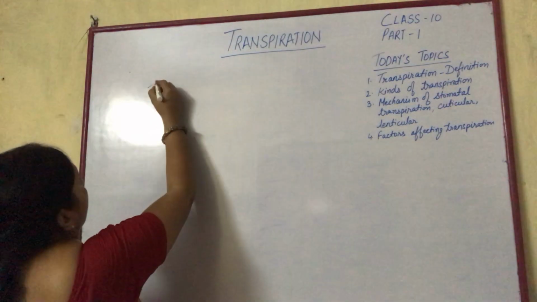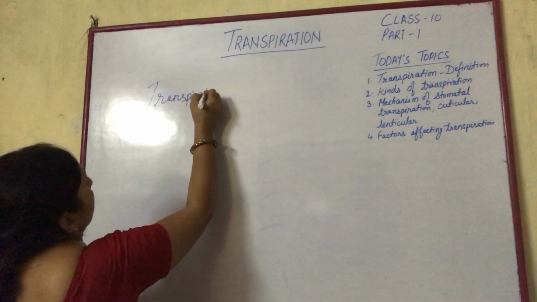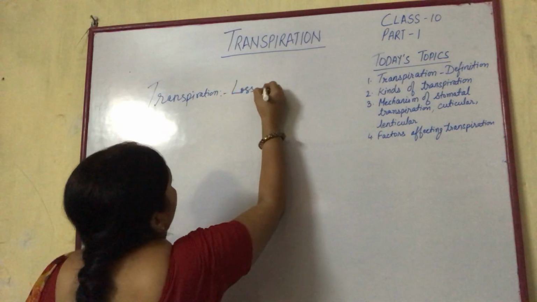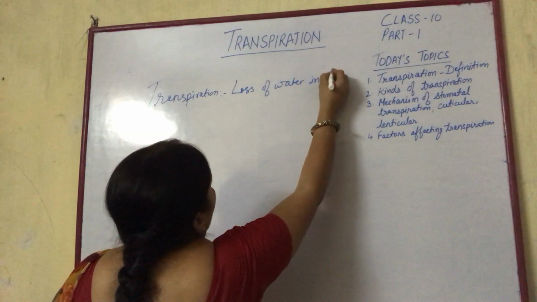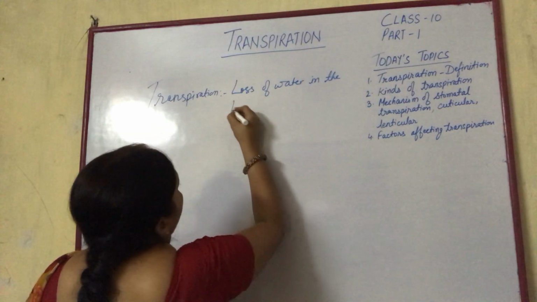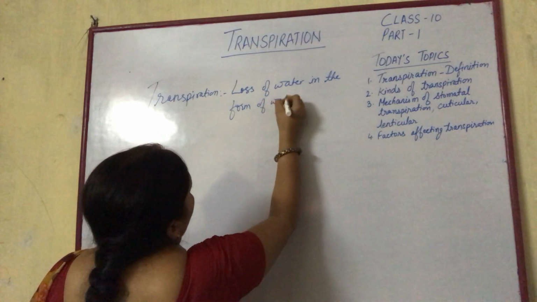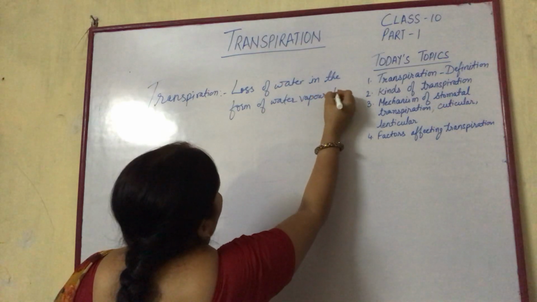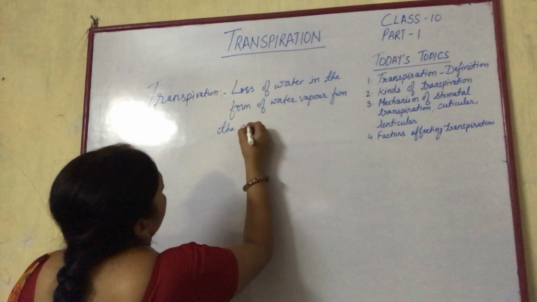Transpiration, as you all know, is the loss of water in the form of water vapor from the aerial surface of the leaves.